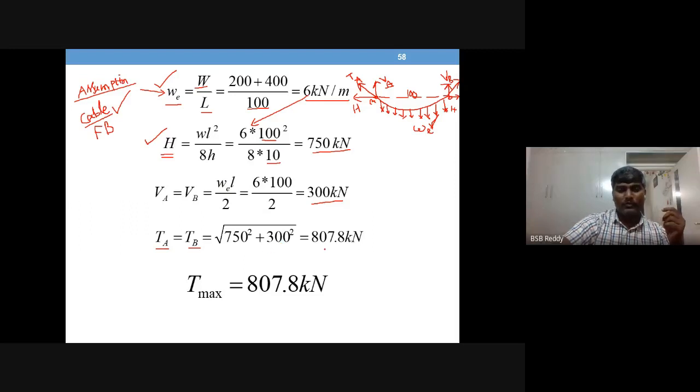That will give you 807.8 kilonewton. So this is the T maximum value. T minimum will occur at center C, and that is equal to H. This is if you want to identify the minimum tensile force.